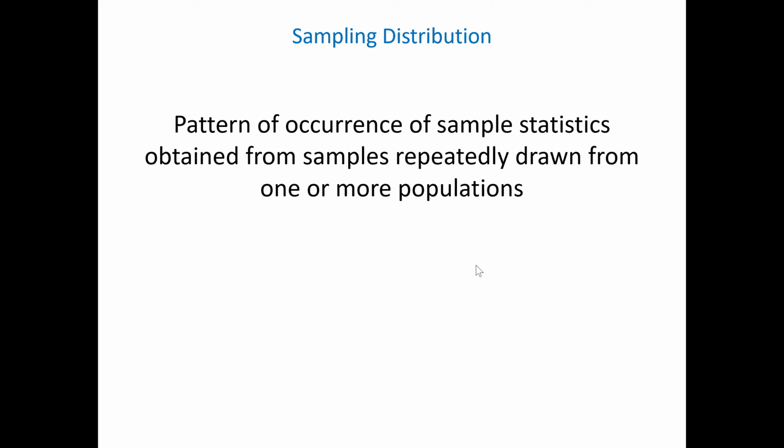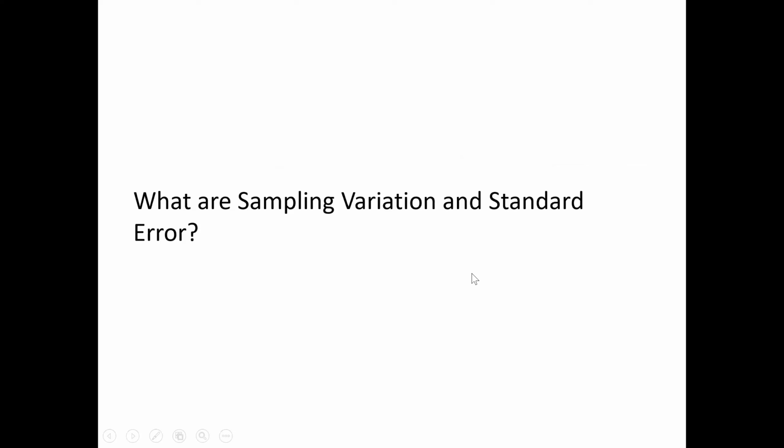So for you to conceptualize it further, from what we have just explained, when you do that, you have what we call sampling variation. Sampling variation here means that if you take samples many times and calculate the statistic, you see that it will not give you the same value.